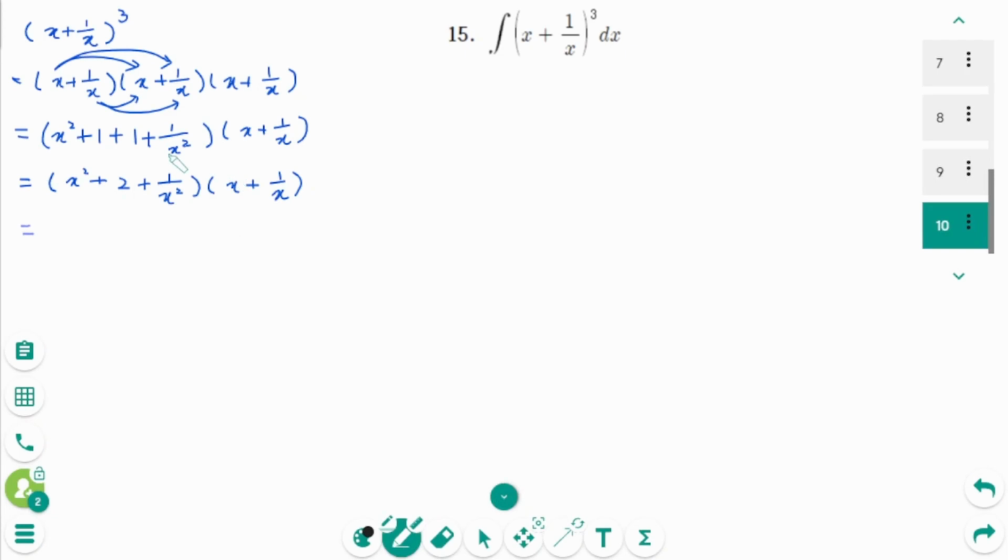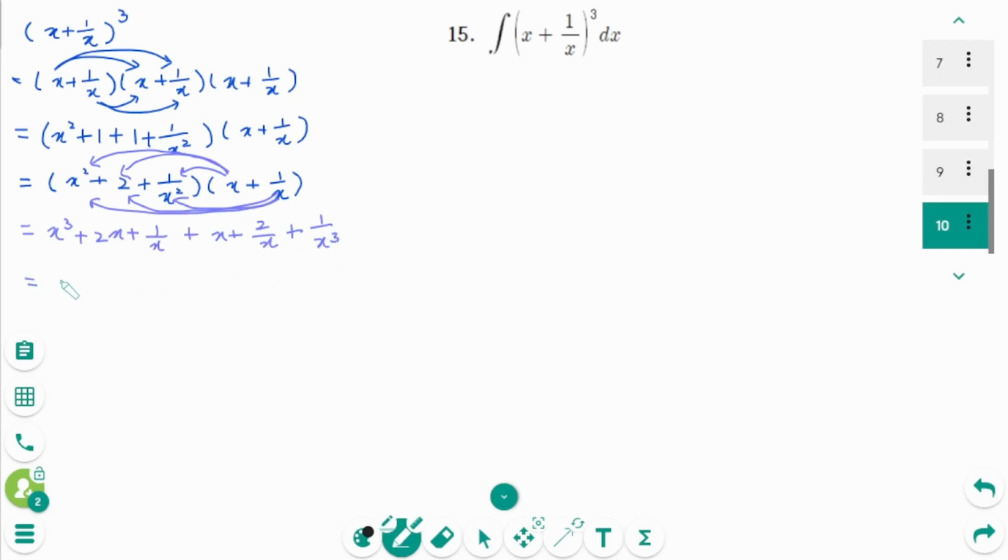equals x cubed plus 2x plus 1 over x plus x plus 2 over x plus 1 over x cubed.